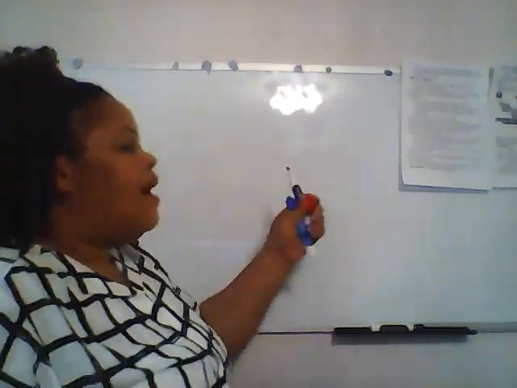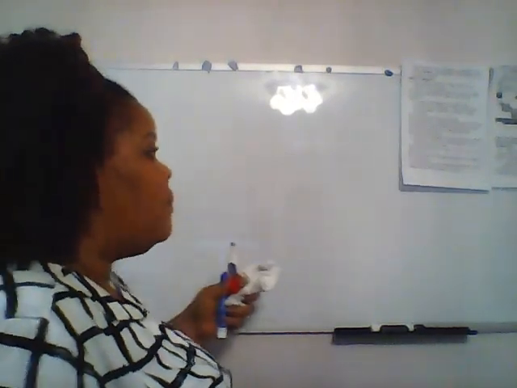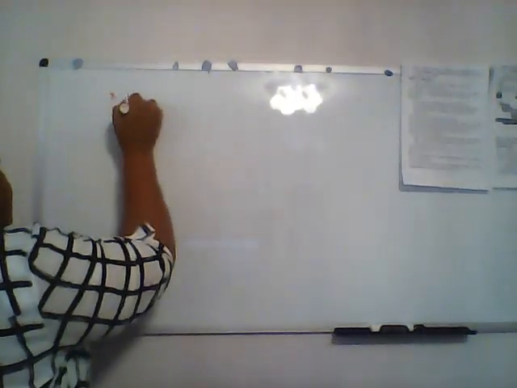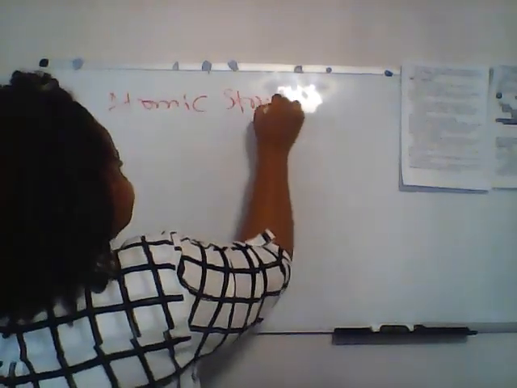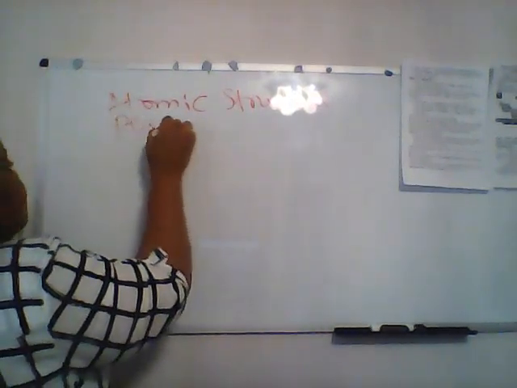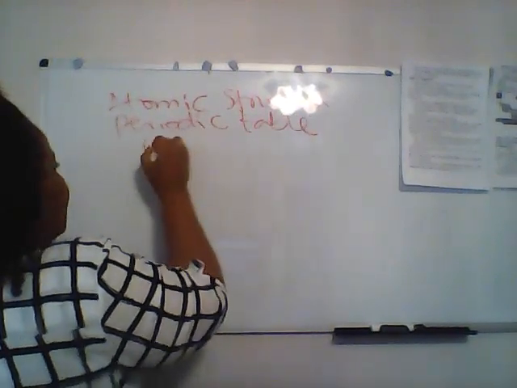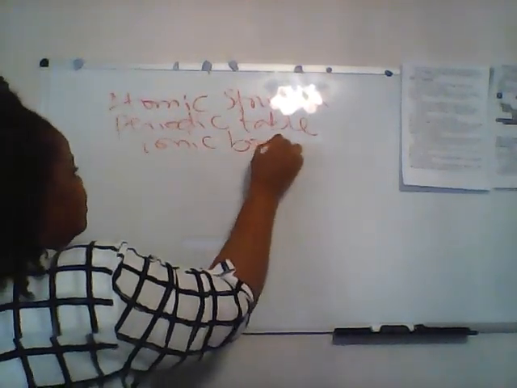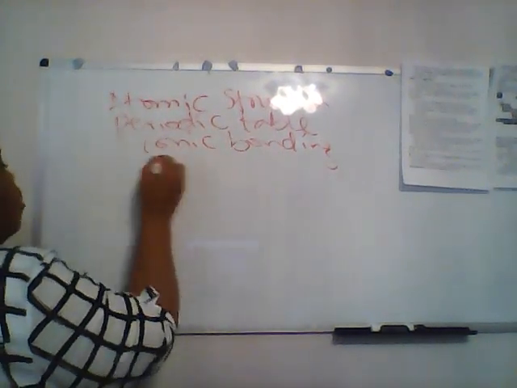Now, the next thing I want to remind you of, there are questions from C1. The topics in C1 that you will find on paper 2 are atomic structure, periodic table, ionic bonding questions, and covalent bonding.